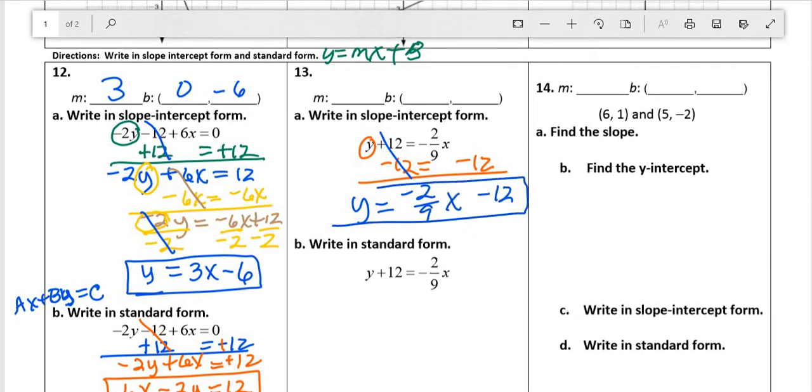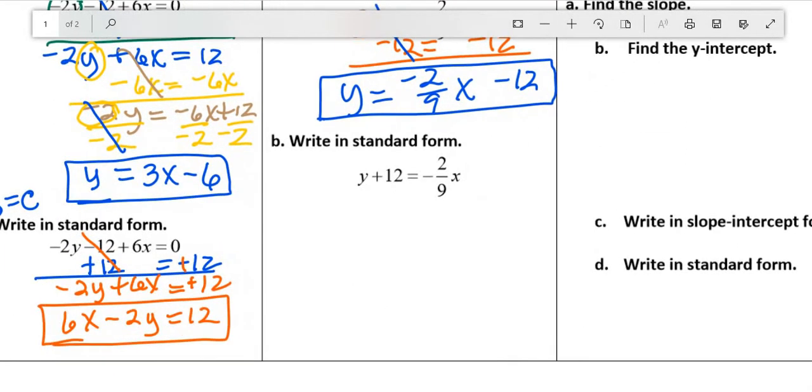It is okay to have a fraction when you write in slope-intercept form. However, in standard form it is not okay to have a fraction. Going back to A right here, the slope is negative 2/9, and the y-intercept is at negative 12, so that would be (0, -12).